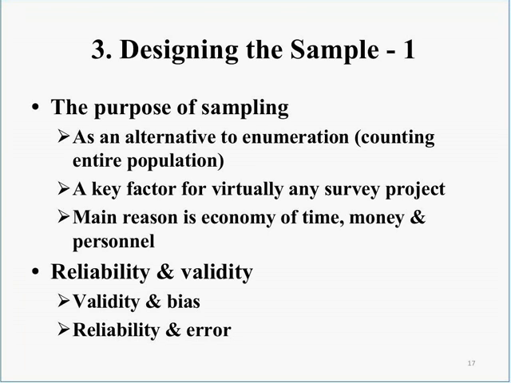Sampling is a key factor for virtually any survey project. The only time you might do a census is if you only have 10 or 20 people. But if you're talking about 100 people, 500 people, 1,000 people, when I was the chief statistician for Hughes Electronics a number of years ago, we had 80,000 employees, and we did a survey of the entire organization once a year, in addition to smaller samples during the year.